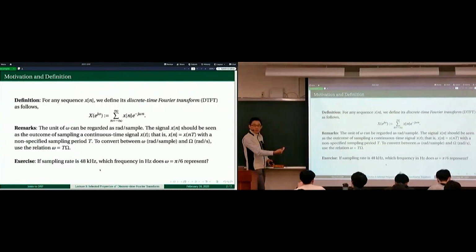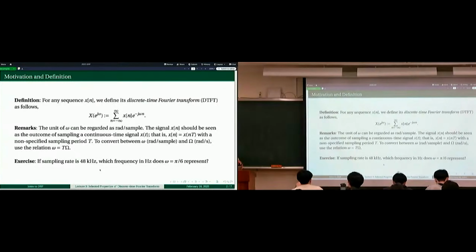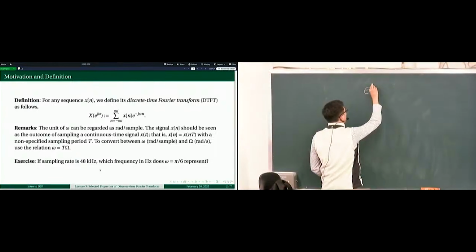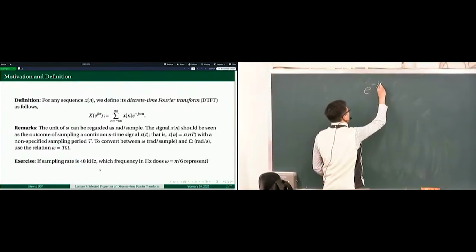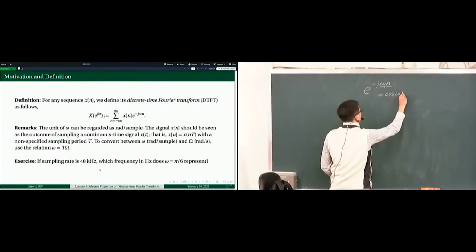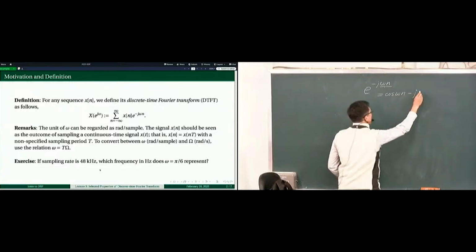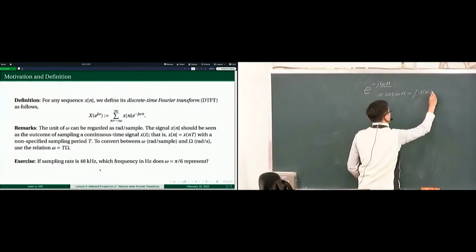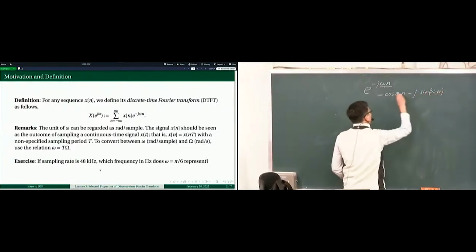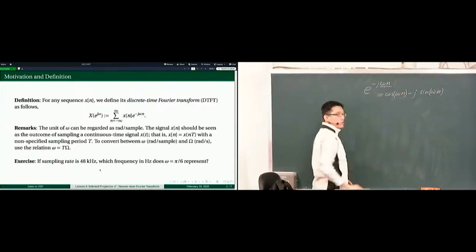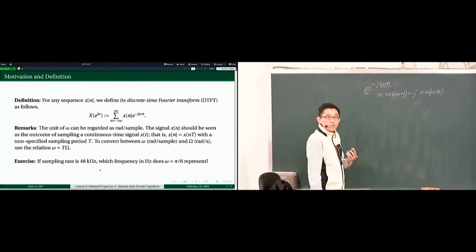Let me repeat that. Omega shows up right here, in e to the minus j omega n, which equals cosine omega n minus j sine omega n. It's not important whether it's minus j or plus j. So omega shows up inside cosine or sine, and it has a meaning.